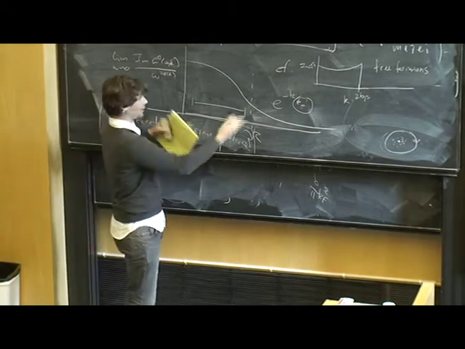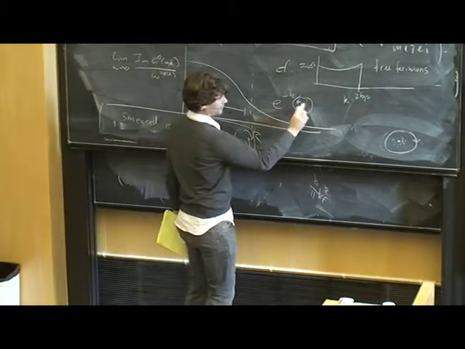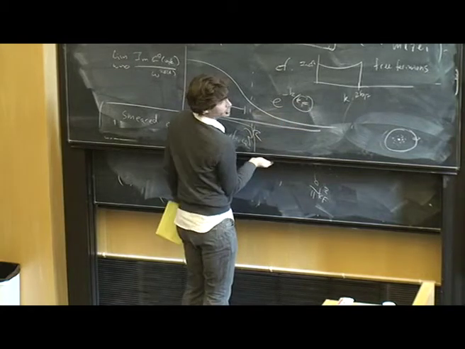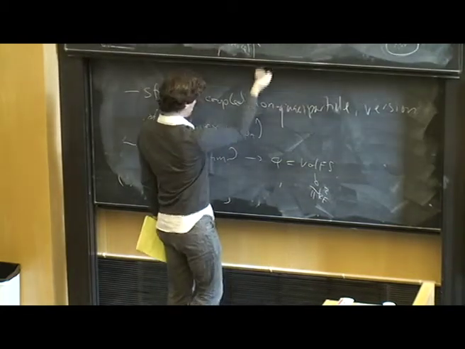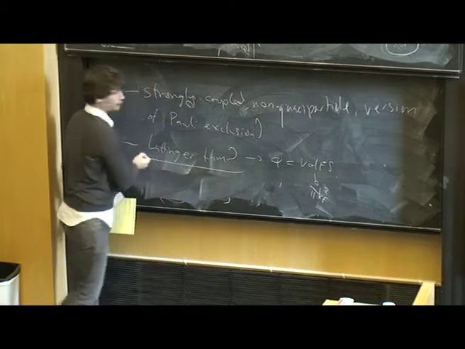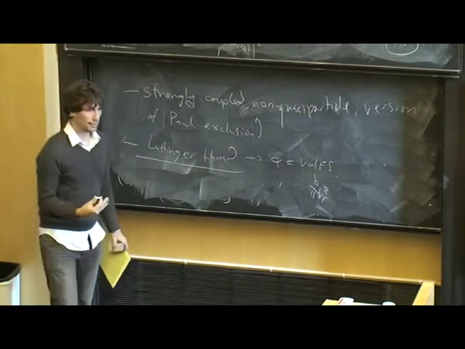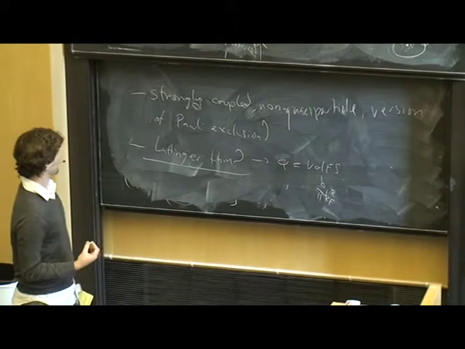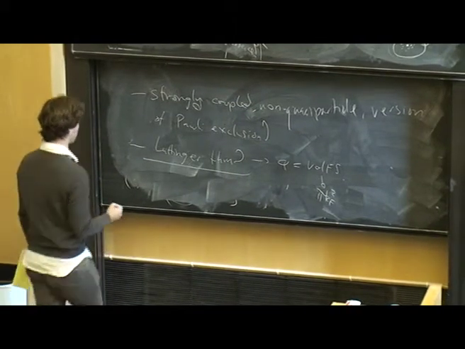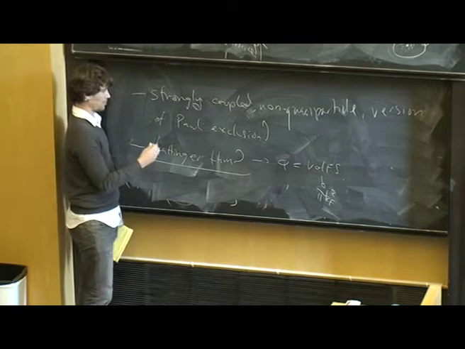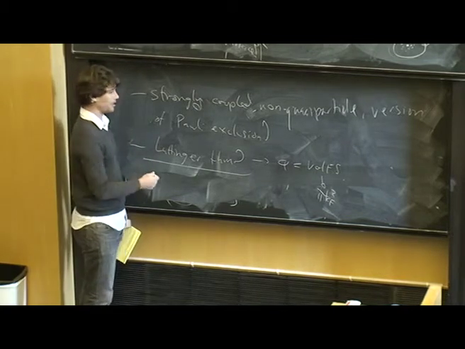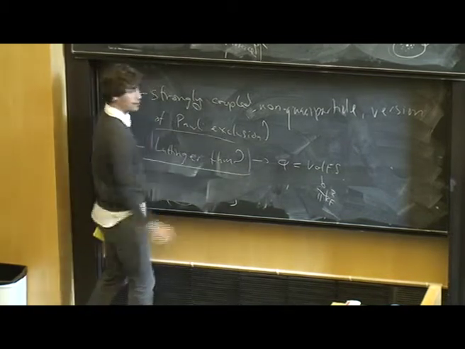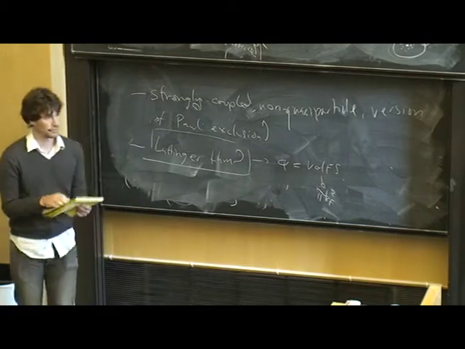Here I have a more collective thing. Let's say I call that kf. Can I relate that to the charge in some way? I just don't know. So it's another question you could ask, again trying to understand how similar this is to a Fermi liquid, whether there's some analog of the Luttinger theorem or not.